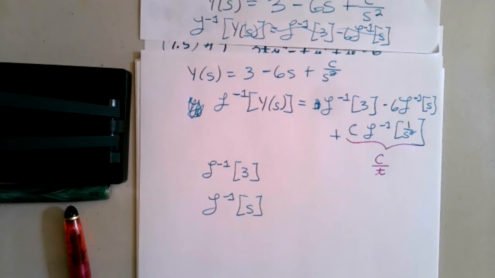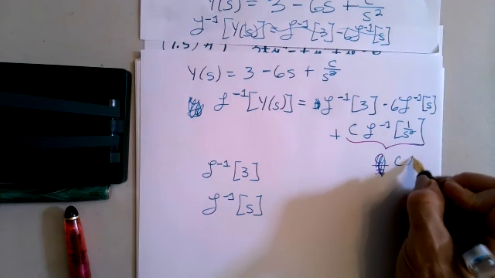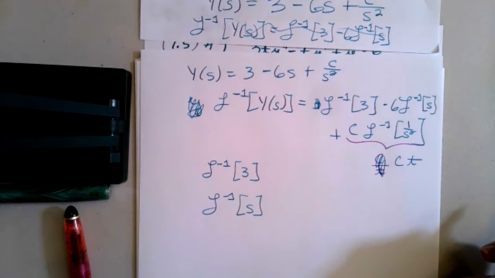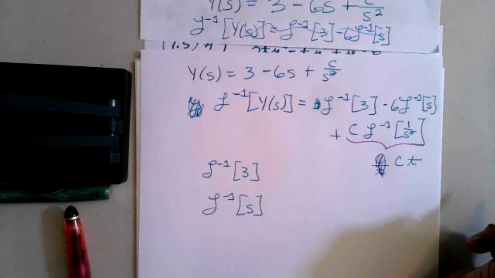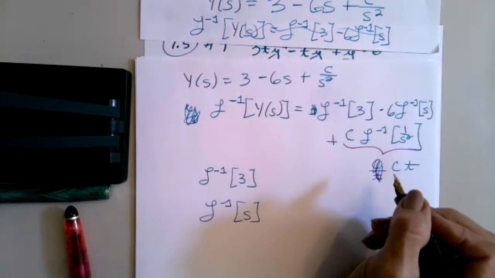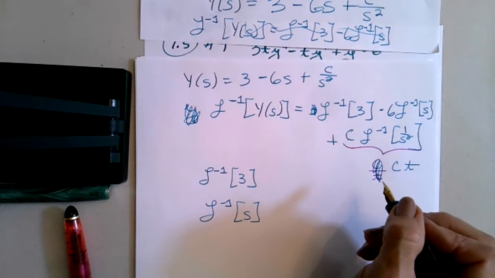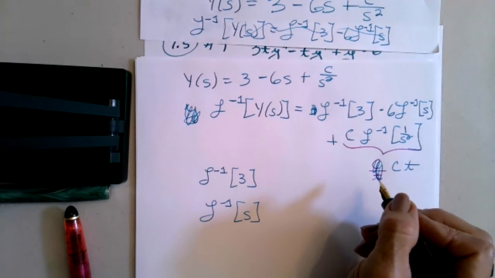Let's try to be creative on this one. And this is not 1 over t, sorry, this is C times t. You don't usually see this.